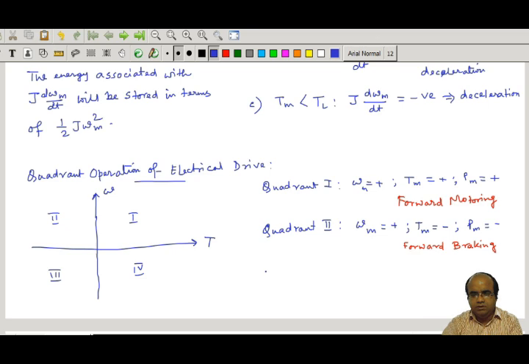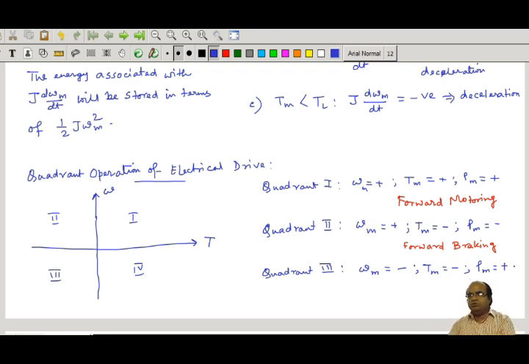Now quadrant 3. Where omega m is negative. Now this is the reverse motoring operation. Okay. Motor torque is also negative, so power becomes positive.